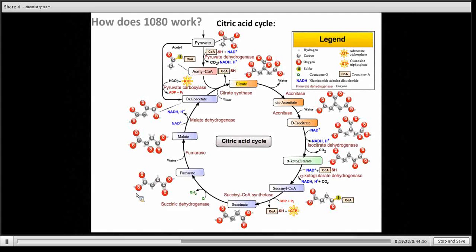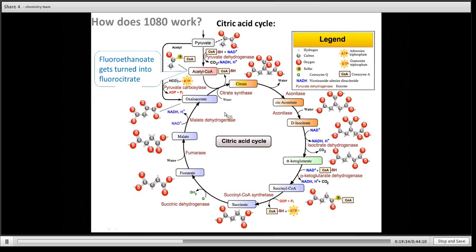But how does it actually work? We've said it affects the Krebs cycle or the citric acid cycle. So this looks very complicated, but the key points is this over here. We've got this coenzyme A in mammals, and what will happen, it attaches itself to an acetyl group, so the ethanoate part.